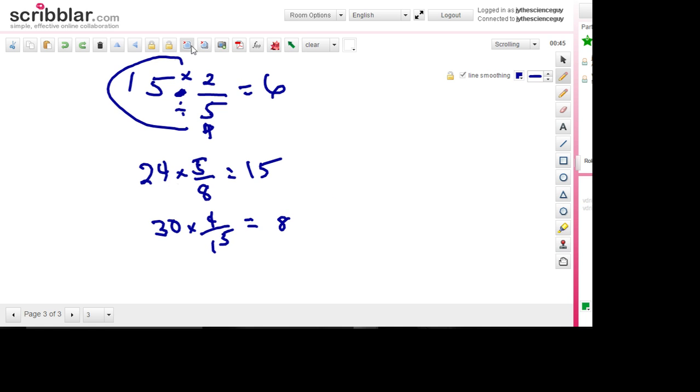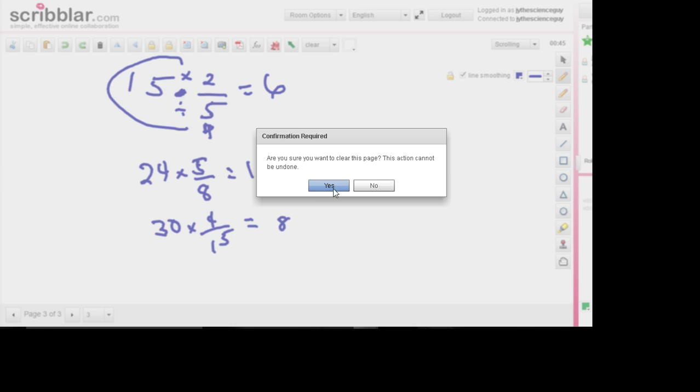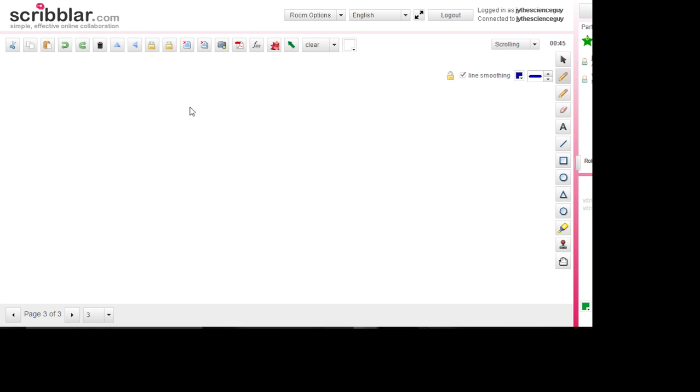Yeah. Okay, so now I'm going to make it a little harder. So I'm going to use that rule to get rid of this number. So I can get rid of all of the fractions.